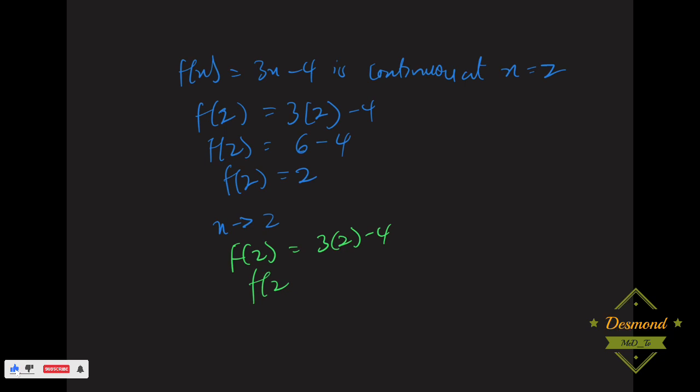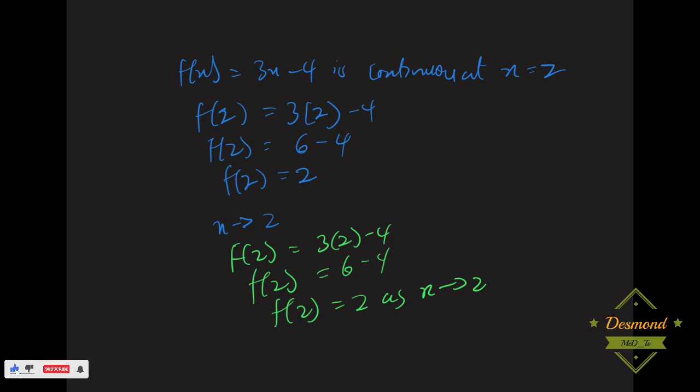So f of 2, that is 6 minus 4. So f of 2 is equal to 2 as x approaches 2. Since both the limit and f of 2 are equal to 2, the function is continuous at x equal to 2. Very easy.